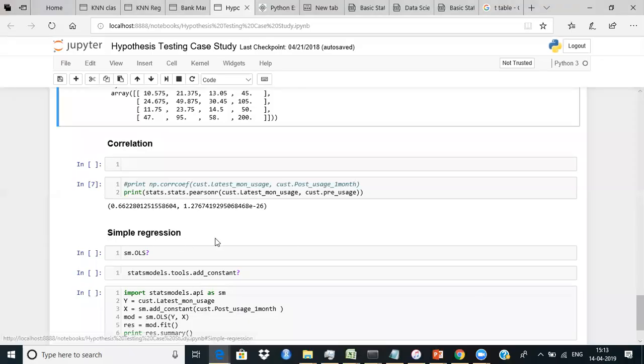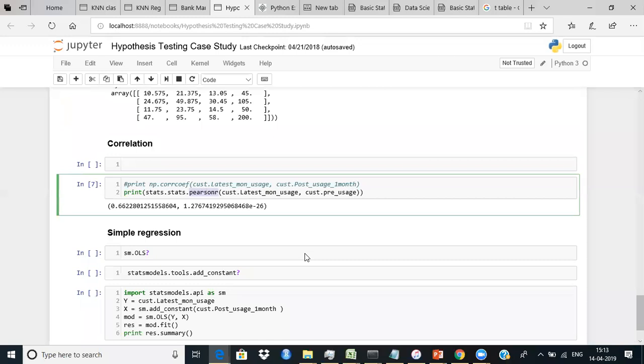So now coming to Python, the function which will give you both the correlation as well as the p-value of the test is stats dot. Within stats, you have another submodule called stats, and within that you are using this function Pearson R, right? Pearson R stands for Pearson's correlation.